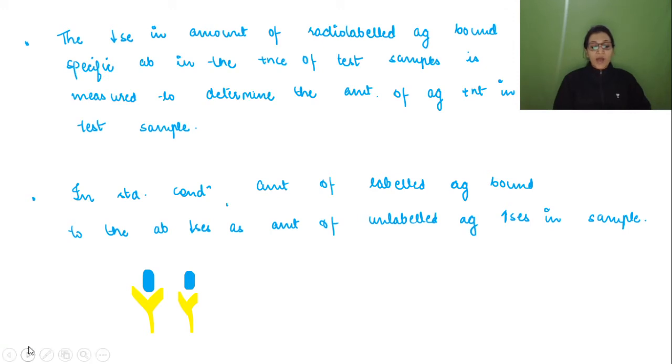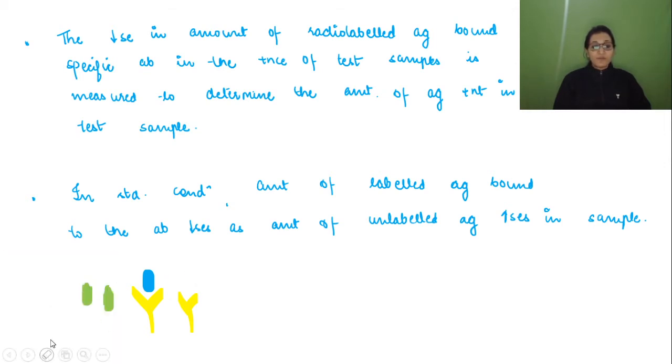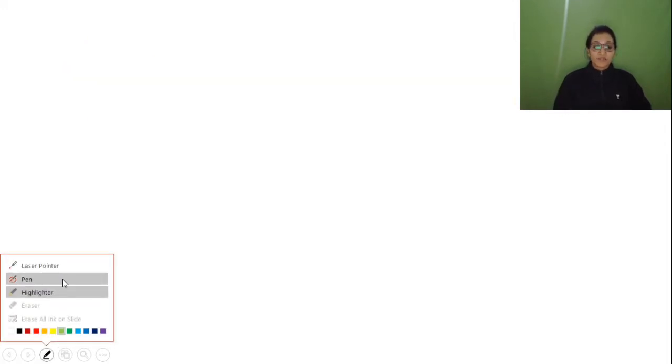Now when there is presence of labeled and unlabeled antigen, they are going to fight for the binding site. Some of them would be replaced by labeled antigens and some of them will have the unlabeled antigens. This is how the process occurs.